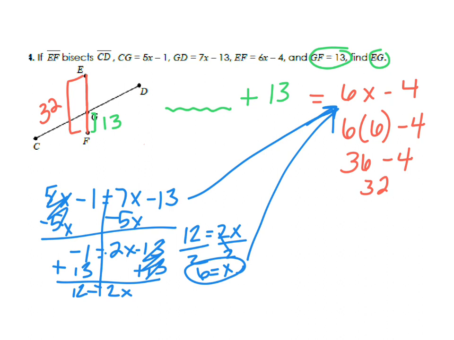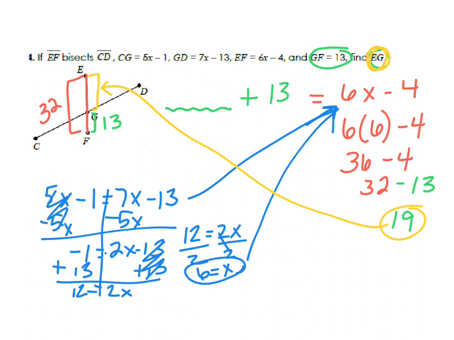So if I take this 32 and I subtract the 13 from it, that would give me 19. That 19 would give me the rest of the piece, which is EG, which is what they wanted. Okay, so the answer is 19.